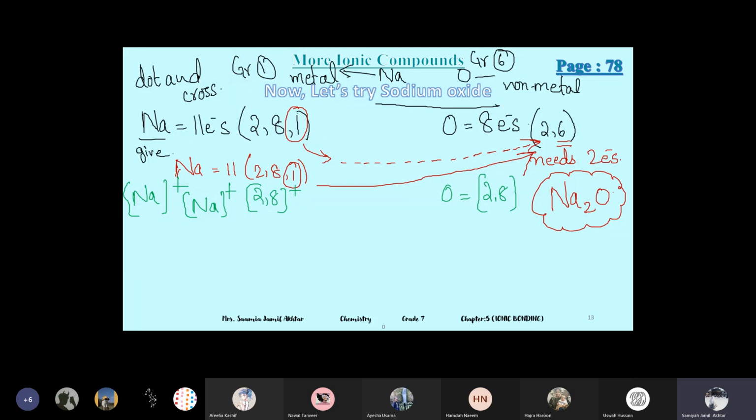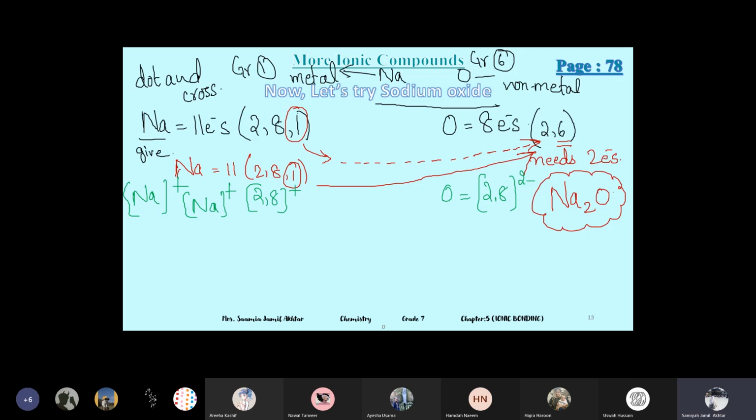It is receiving 2 electrons. 2 negative. 2 negative. And each sodium is giving only one electron. That's why we are writing only 1 plus sign with each sodium.